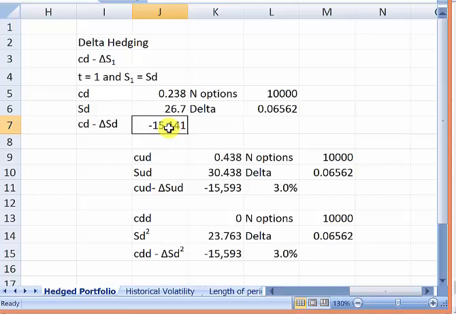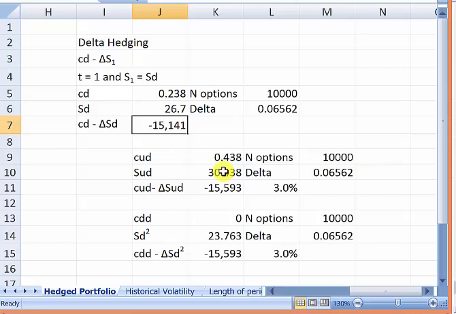Significantly reduced. Still, the cash position can be invested at the risk-free rate, 3%. And the point is that this liability will grow at 3% after the second period, whether the stock goes down or up again, because it's a completely delta hedged position.